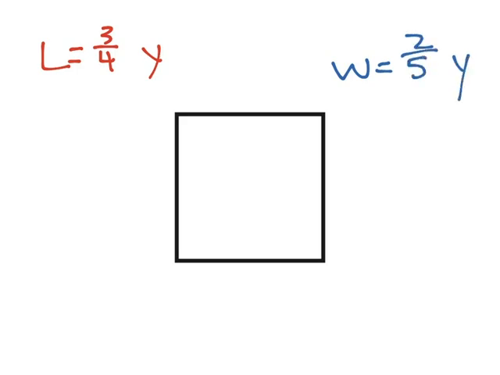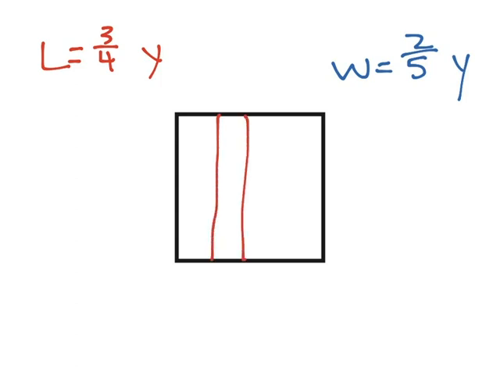All right, so let's try one more problem. So we have the length, which is 3/4 of a yard, and the width, which is 2/5 of a yard. So we start by drawing our length.